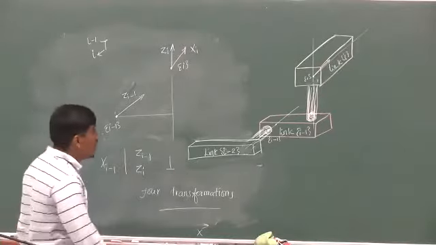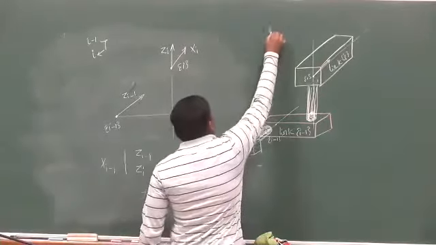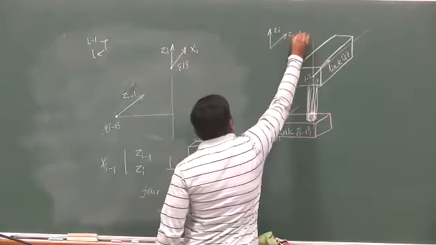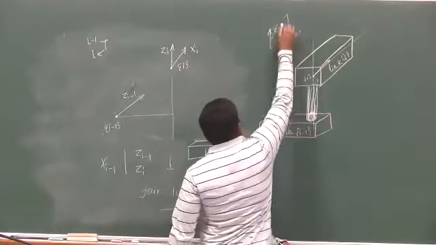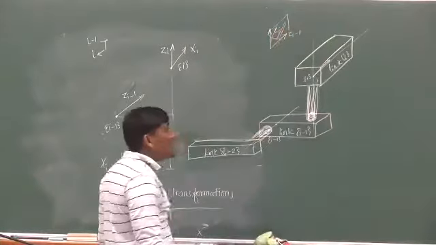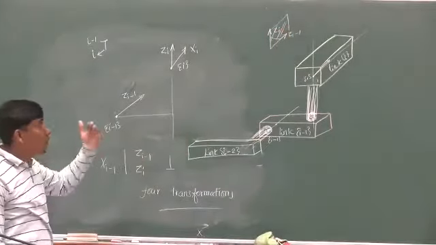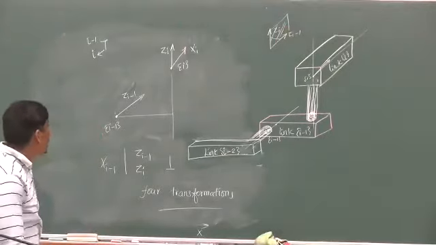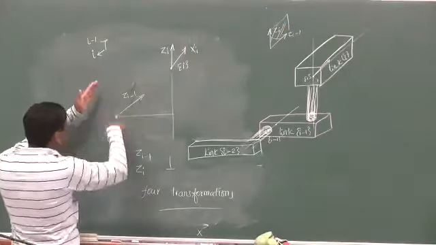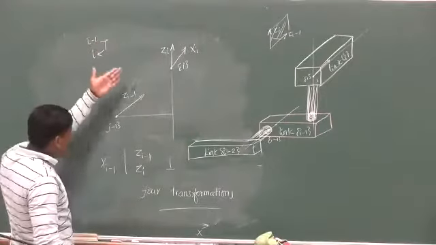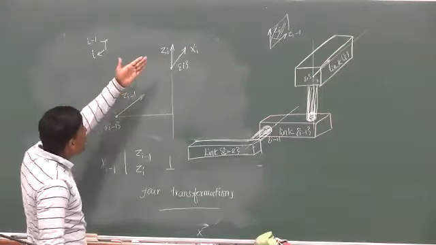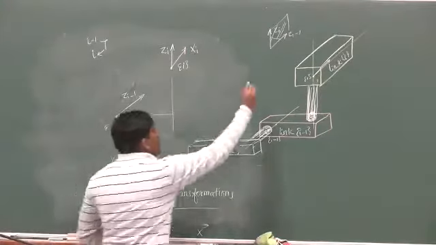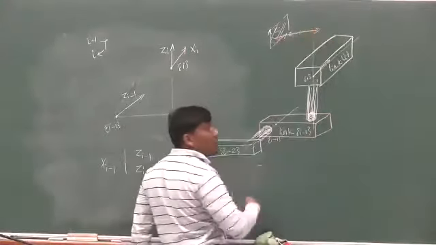I see where my zi and zi minus 1 are, so this is the plane, and you take the perpendicular, or normal, to the plane. That is the axis of xi minus 1. This is the plane where zi minus 1 and zi are located, and you have to see that it is coming out of this plane.